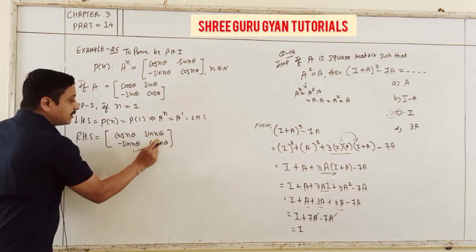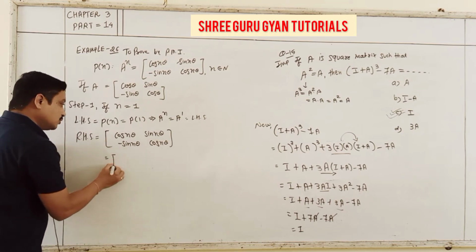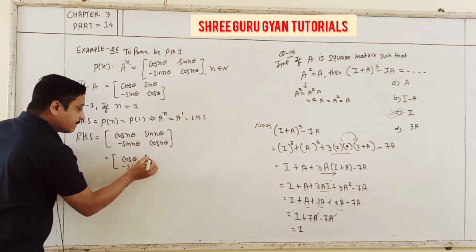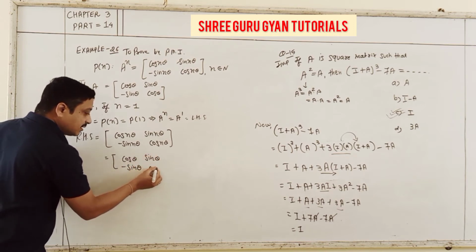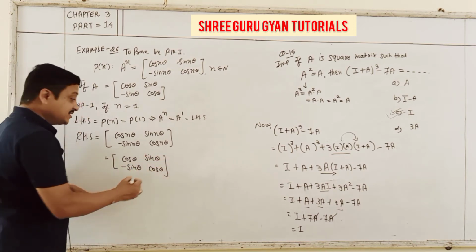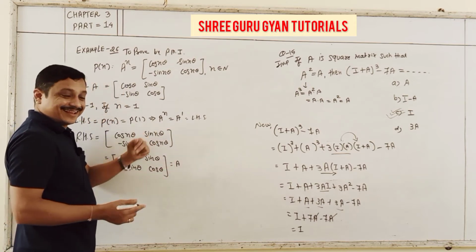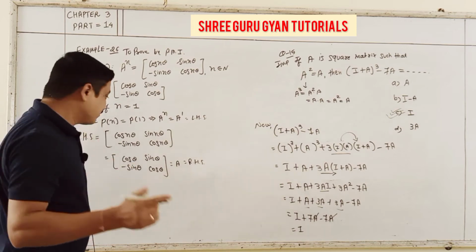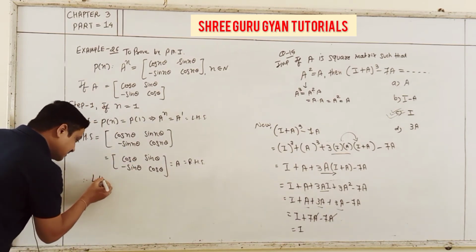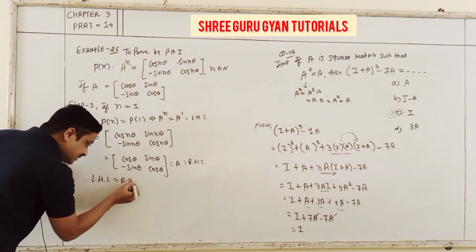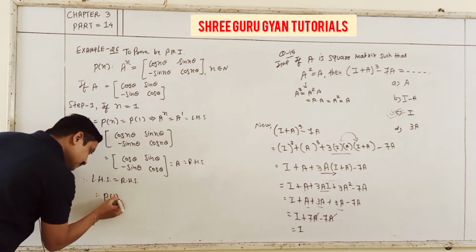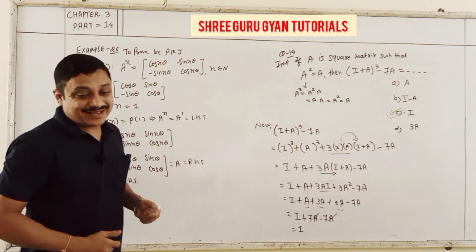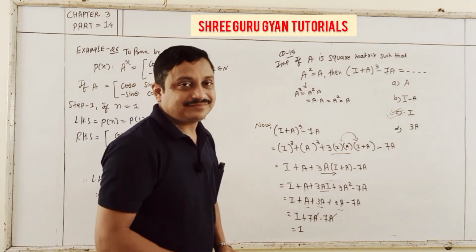You just apply n becomes 1. So it is cos theta, minus sin theta, sin theta, cos theta. Check, it is definitely, that's RHS. It means both the same. So confirm, we will take LHS is equal to RHS. It means your P1 is true.